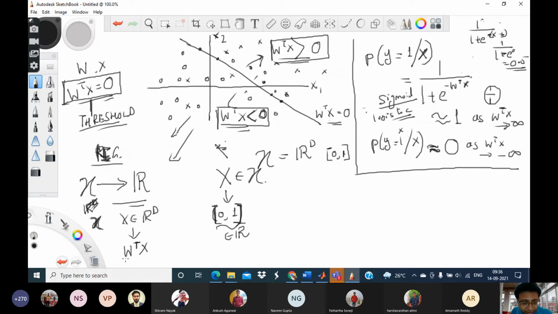I had used the linear function to map that x into the real space. This is what I did for linear regression and also for ridge regression, lasso regression, etc., which are just extensions of linear regression. In this case, what I am doing I can call logistic regression.